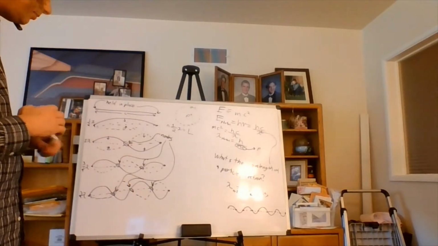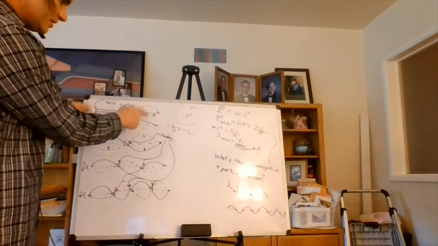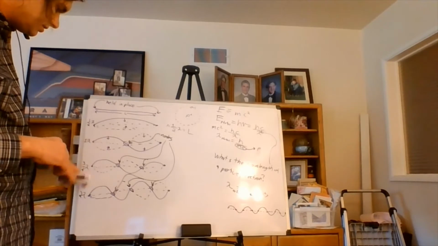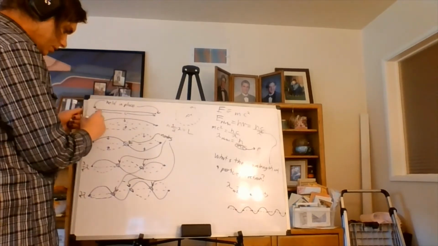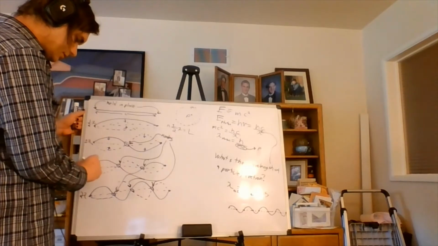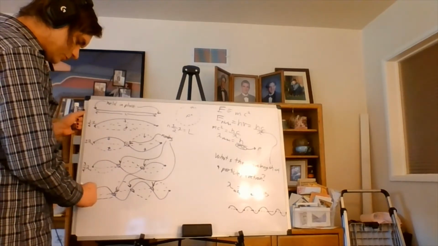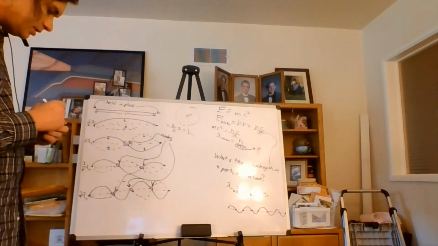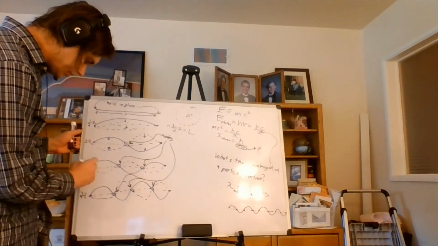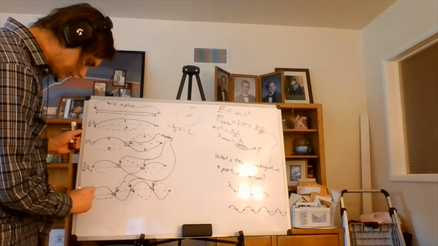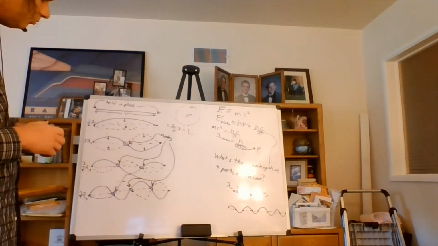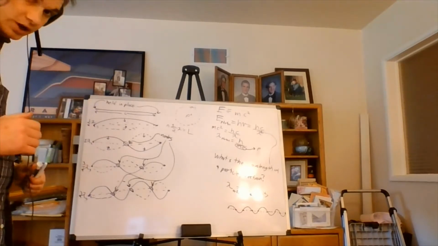Now, in the example of the string, this distance right here, L, does not change. What changes is lambda. So we've got a bunch of different wavelengths that are each 1, 2, why did I keep writing 2s? 3, 4. We've got a bunch of different wavelengths that are all stable, but only certain very specific ones.